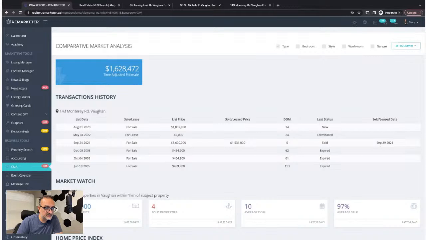So we're talking about a detached property within that specific neighborhood, and what the fluctuations were since the last sale, since this sale back in 2021. So it considered all the market fluctuations, whether the prices went up for 3 months and then went down for 6 months and then went back up for another 3 months and then stayed stale for another 4 months and so on.